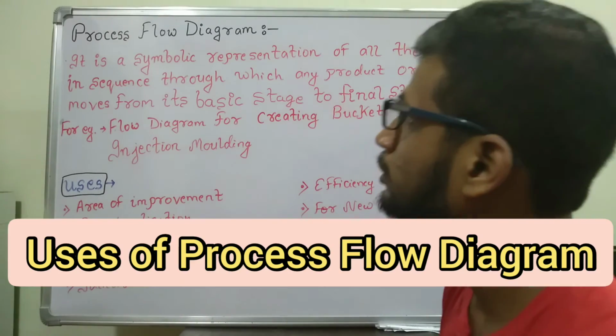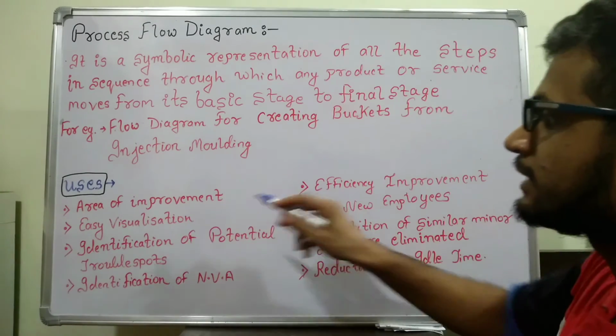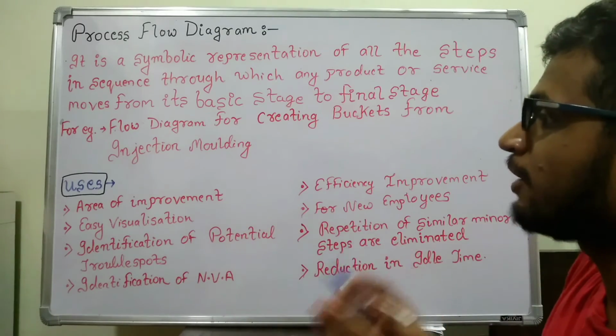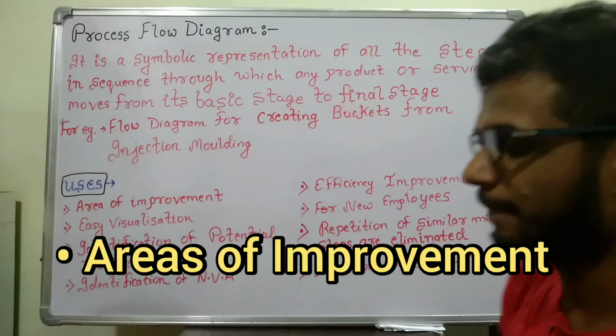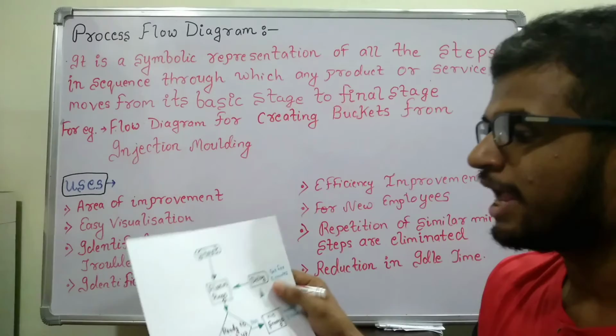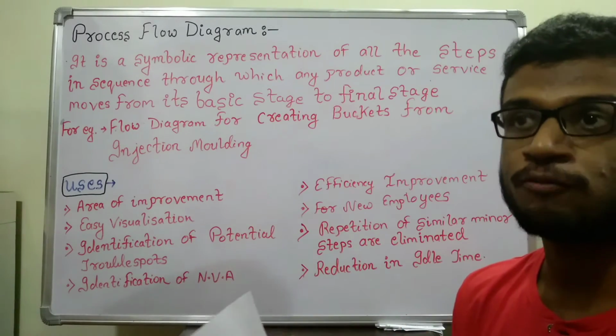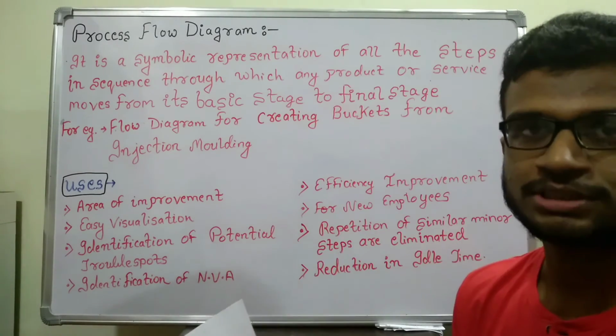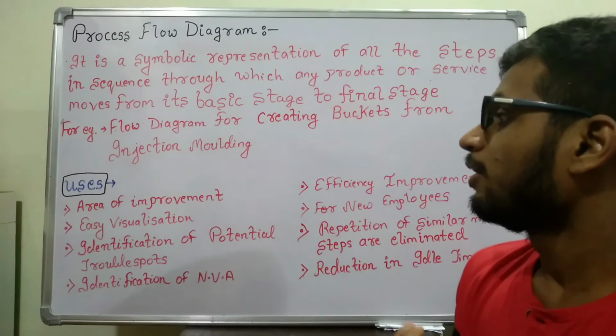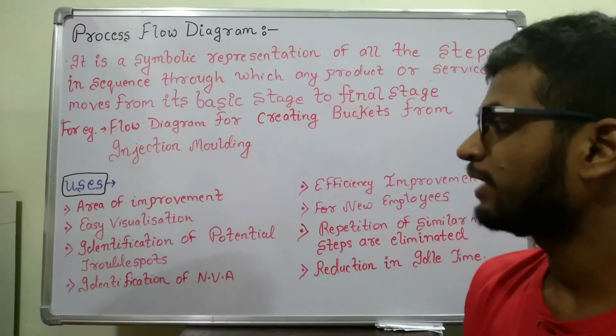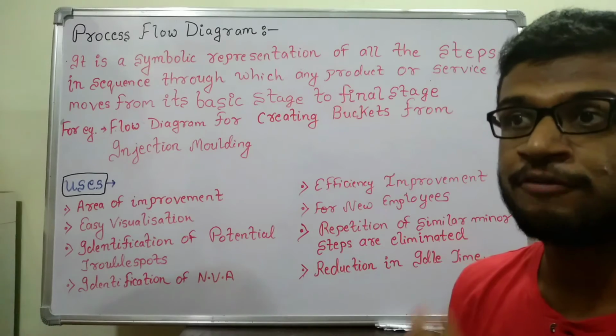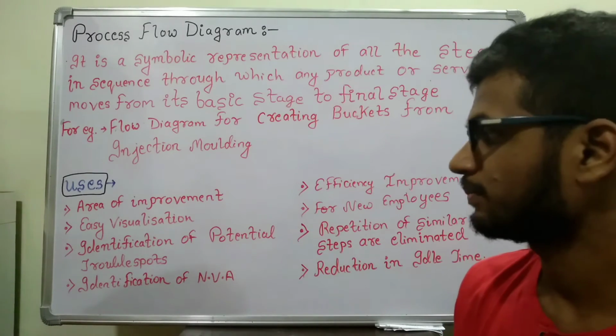Then let us come to the uses of process flow diagram. First, we can notice what are the areas of improvement. Since the whole layout of many complex, many big processes is in front of us, we can know in which areas we can still improve upon, where we need to put more focus.